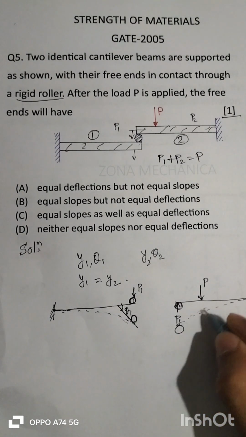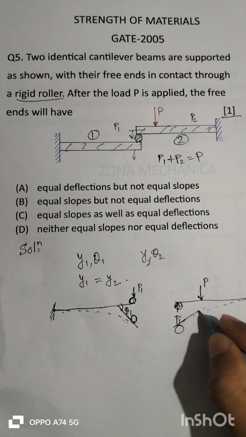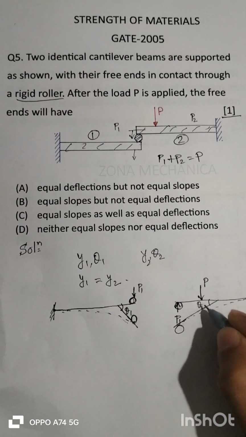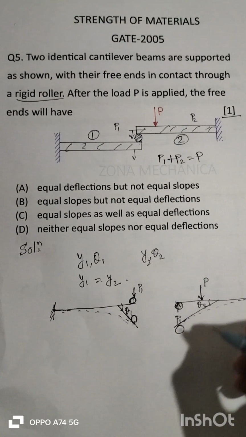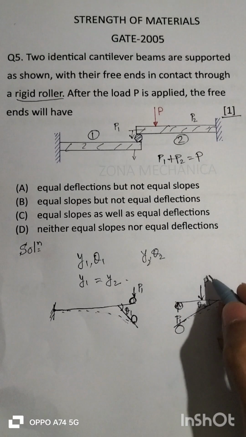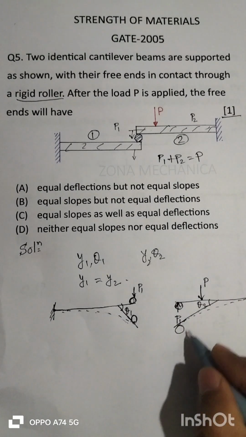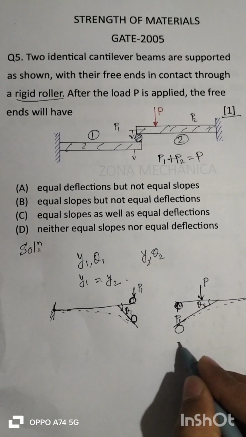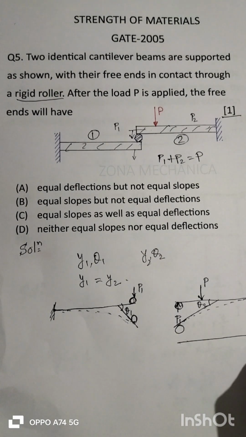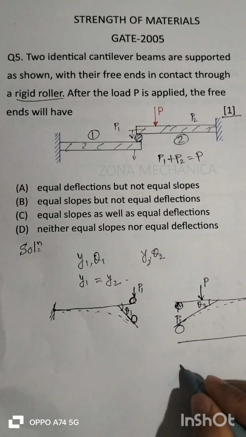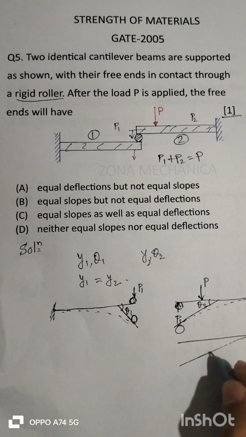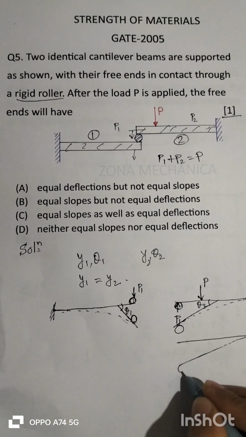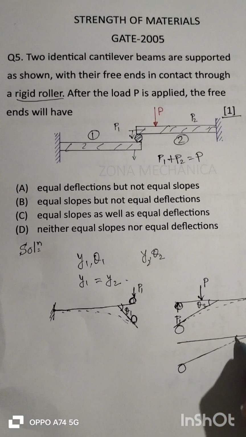So here, if we draw a tangent, this will be theta 2. And for some higher value of P, the deflection may be like this, almost like a straight line. In that case theta will be this one, theta 2.